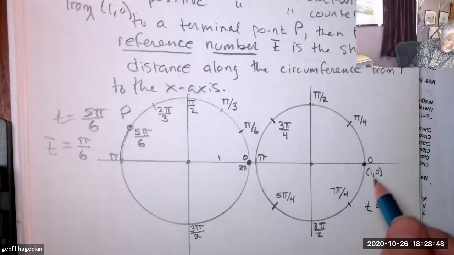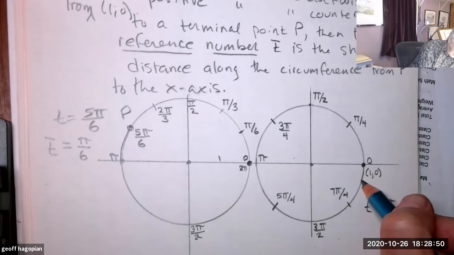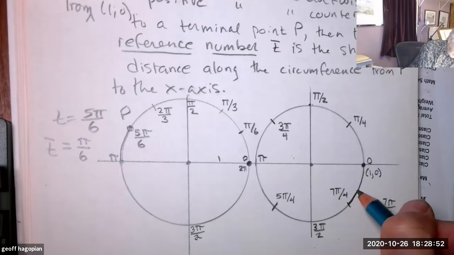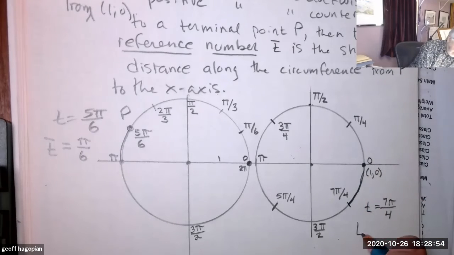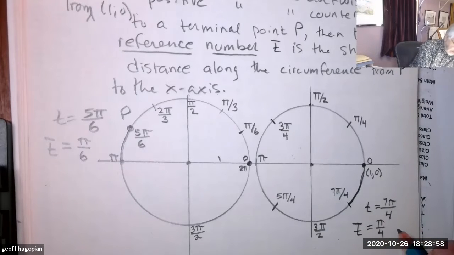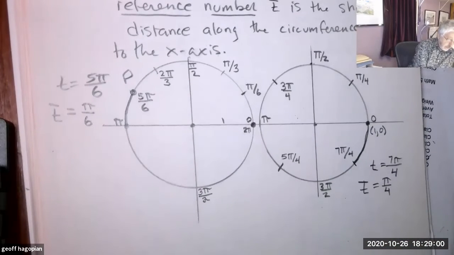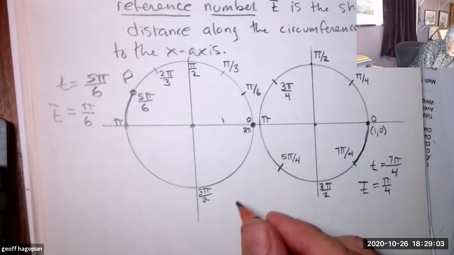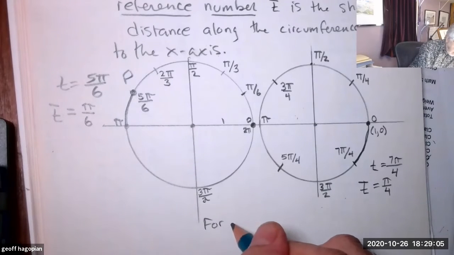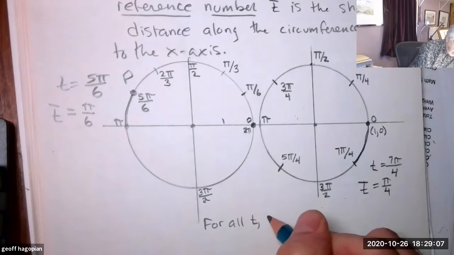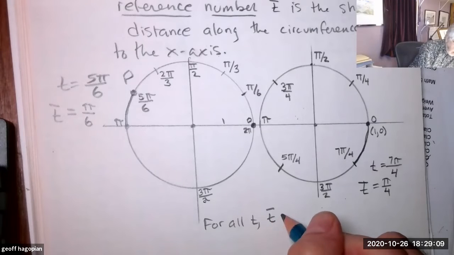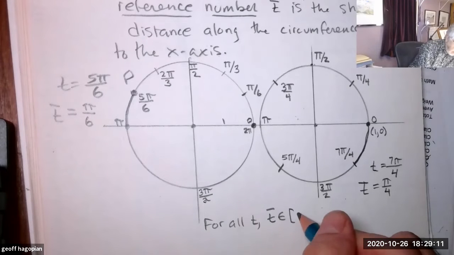So what's the reference number? Well, that's this distance here. And T bar for 7 pi over 4 is pi over 4. So notice that for all T, T bar is in the interval from 0 to pi over 2.